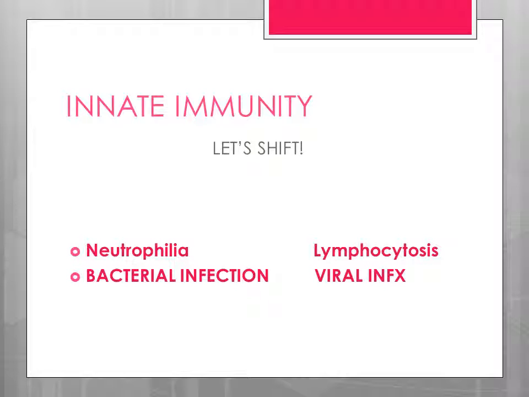Now, going back to that concept, I said it was a very important concept. Going back to that lymphocytosis, neutropenia concept, we're going to talk about the left shift and the right shift. So basically, and this is called a shift, what happens is that when you have high levels of neutrophils or high levels of leukocytes, for the sake of this lecture, high levels of neutrophils, and low levels, I should have really written it here, but it's not written down here, so just make sure that you make a note of this.